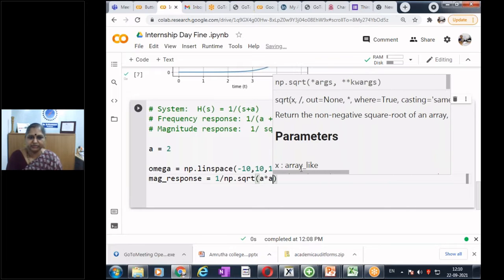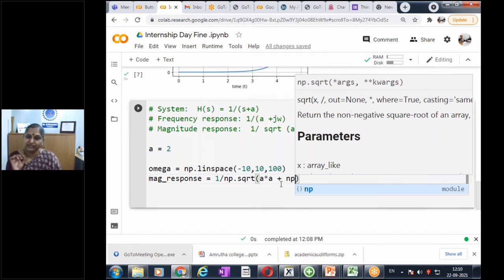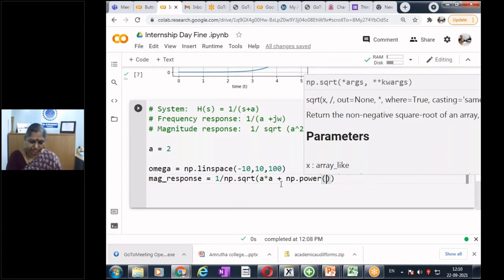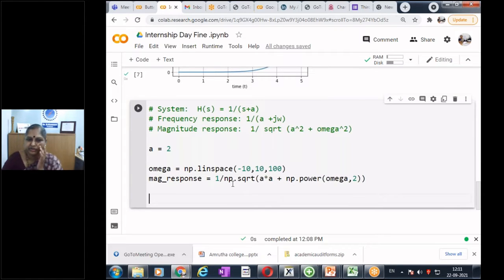What is a square? I can simply write a into a plus omega square. Omega is not a number, it's an array, so I want to raise this array to the power of 2, so omega comma 2. Any doubt here? So I am doing np dot square root of a square plus omega square. Omega is an array, so I am raising omega to the power of 2. And this is what I have, the magnitude.